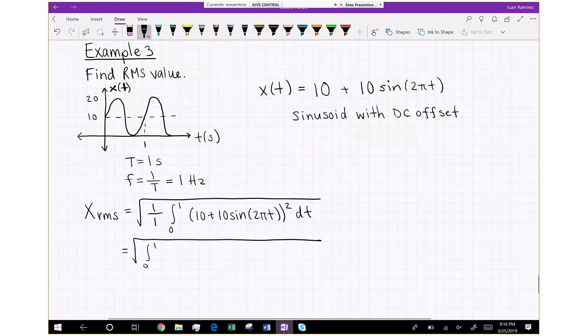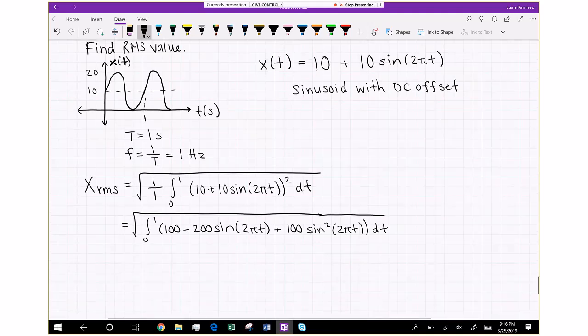So when you square that signal, you can FOIL it out. Okay. So far, so good.